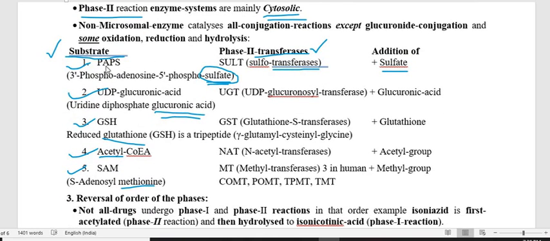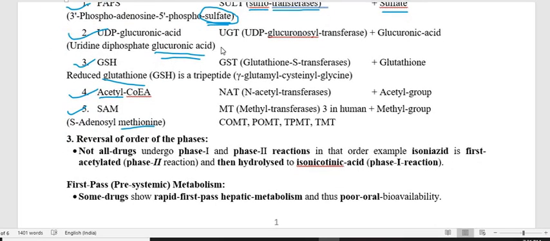So if the substrate is PAPS, it gives the sulfate, and that sulfate attaches to the drug of the phase 1 reaction to form the phase 2 complex compound or phase 2 metabolites. Under the influence of the transferase enzyme, because this is giving the sulfate, we call the enzyme sulfotransferase.